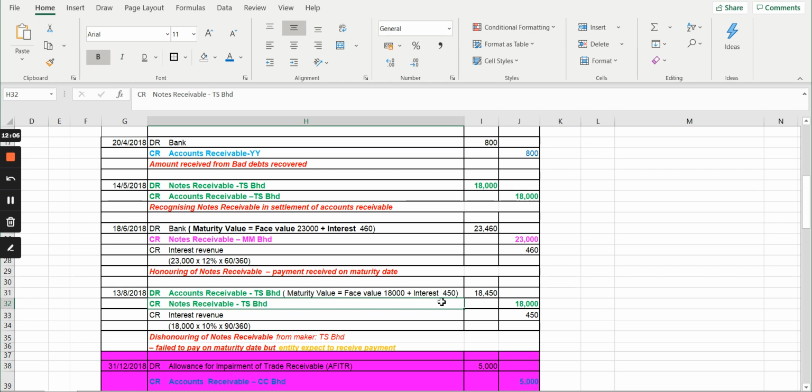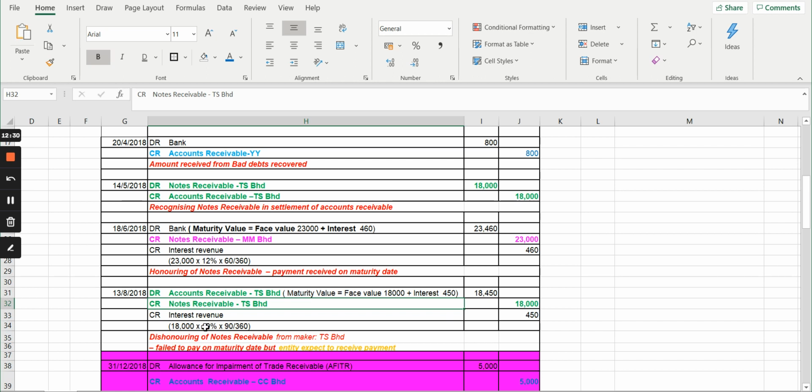So debit account receivable 18,450, and credit note receivable 18,000, which is the face value of the notes. And the interest revenue of 450, not 450,000.